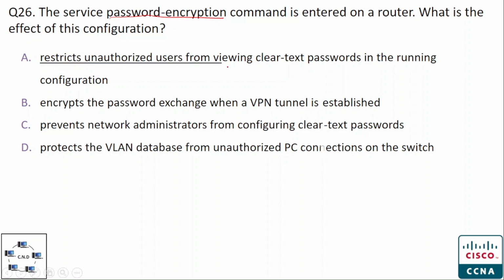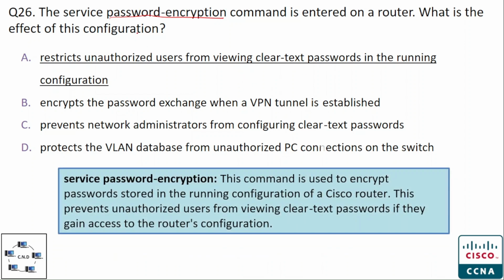And the correct option is option A. It restricts unauthorized users from viewing clear text passwords in the running configuration. So when you use service password-encryption, this command is used to encrypt passwords stored in the running configuration of a Cisco router.